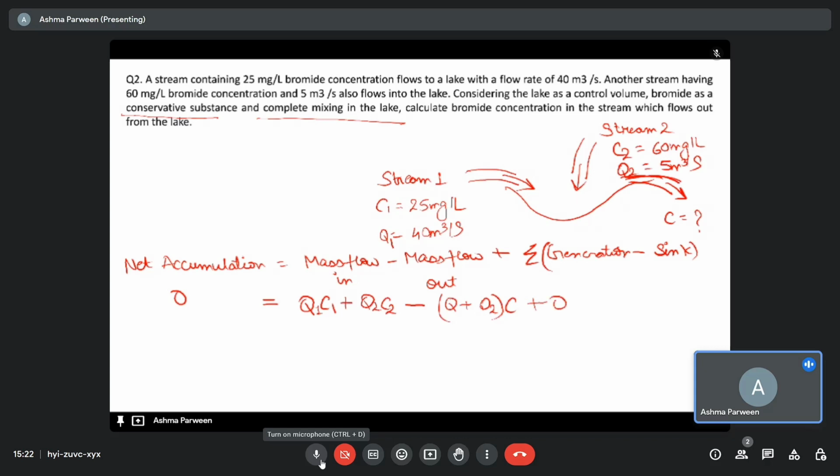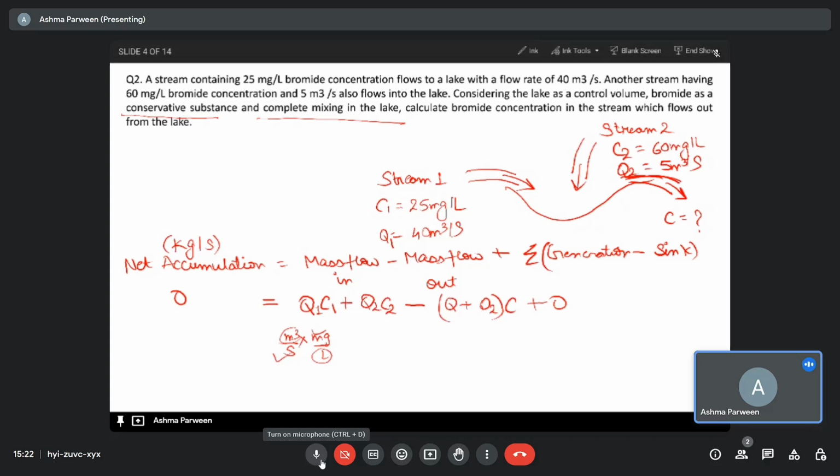Also, one thing we have to note is that the unit of mass flow in, and everything including net accumulation, will be kg or milligrams per second. So we have Q1 in meter cube per second, multiplied by concentration in milligrams per liter. These two are units of volume, so finally we will get milligrams per second.